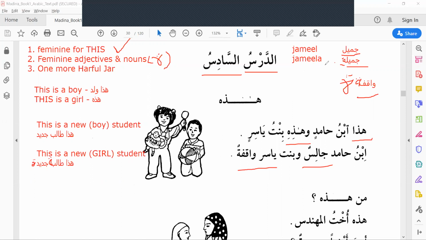Jamila is the same, but the difference between these two is just the ta marbuta. So if you add a ta in a noun or in an adjective, it will become feminine.